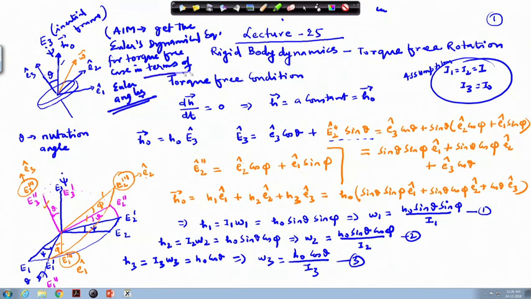This is our objective. So, we need to put these 1, 2, 3 in Euler's dynamical equation under the assumption that the torque is not there, and then solve it.